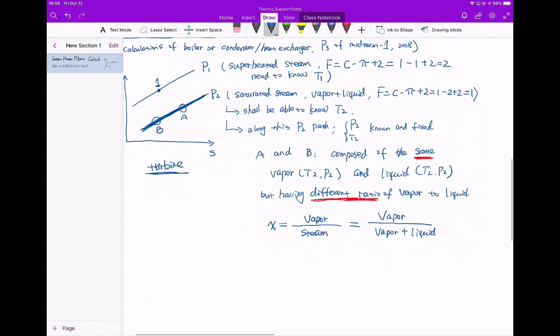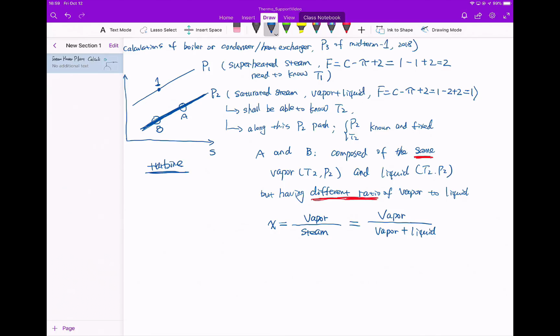Alright, so from that you can see, if I'm going to have the enthalpy of condition A or state A, then HA is from the H liquid coming out of this T2, P2, this would be the total, plus H of the vapor at the same T2 and P2, also the total value.